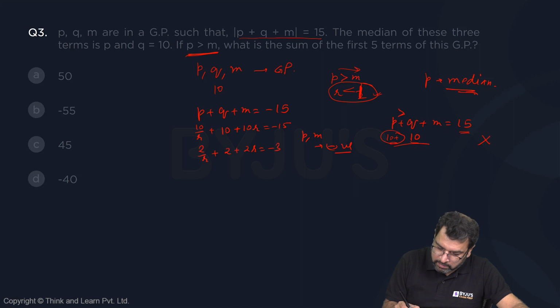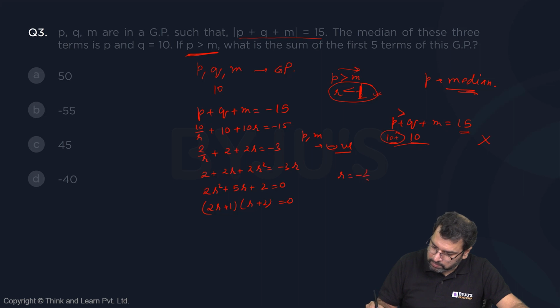You multiply this by R, this gives you 2 plus 2R square is equal to minus 3R, or basically 2R square plus 5R plus 2 is equal to 0. That gives you 2R plus 1 into R plus 2, that is equal to 0. So R is coming out to be minus half, or R is coming out to be minus 2.